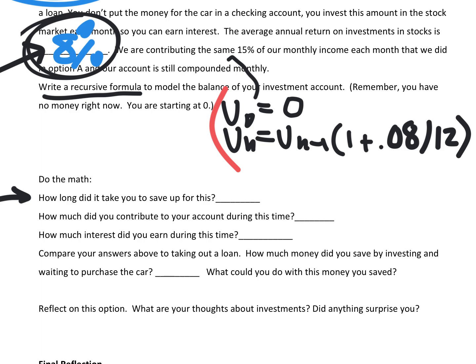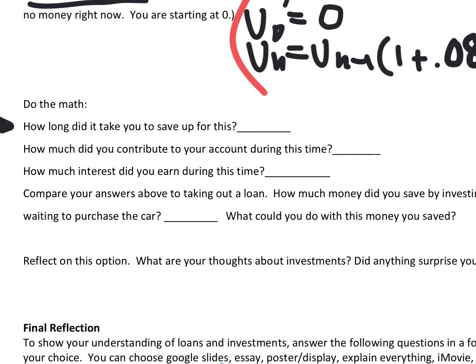Now, you can ask me questions like, for one kid, this part got him last hour. And he said, what is this? How much did you contribute? And I will tell you what that means: how much money did you put into the account? Contribute means you put it in. I can define words like that for you, but I'm not going to check your work on the project until you're done and I'm grading it, okay?